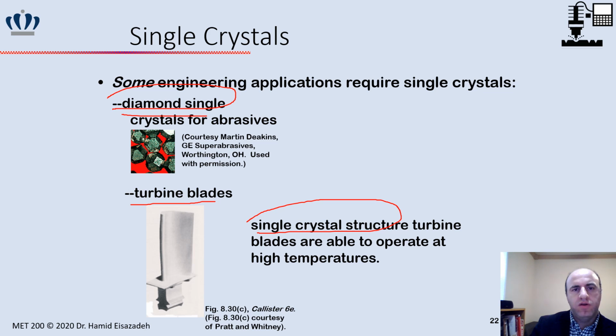Inconel is one material used for this application. The reason we use single crystal here is that it reduces creep failure. Creep is a failure that happens at high temperature, so when you use a single crystal structure, the tendency to have creep failure is reduced.